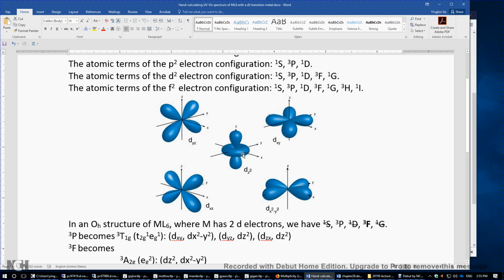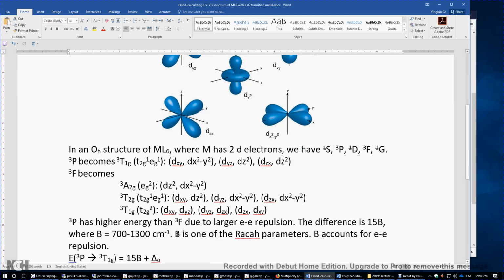So again, if you have large ligands with a conjugated system, or you have simply something like iodido, bromido, chlorido that can help delocalize the d electrons, you will observe smaller B values.